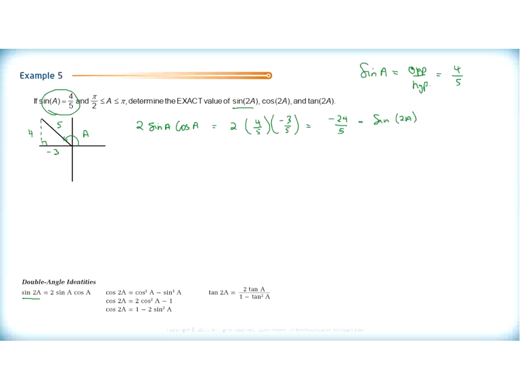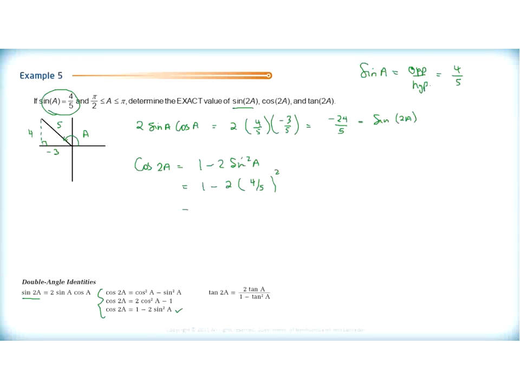Let's do the cosine of 2a. Again, I just need to choose one of the three that you see below here. Doesn't matter which one I choose. Because I'm given sine, I'm going to choose this one: 1 minus 2 sine squared a. So I'm going to do 1 subtract 2 times the sine of a, which is 4 over 5, squared. You see, that's why I chose that one, because it was already given to me.